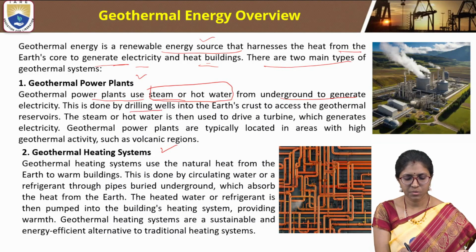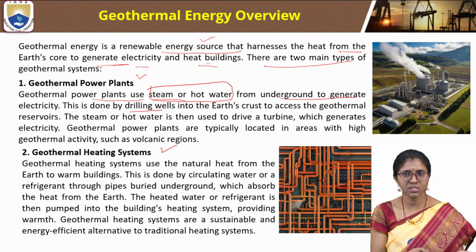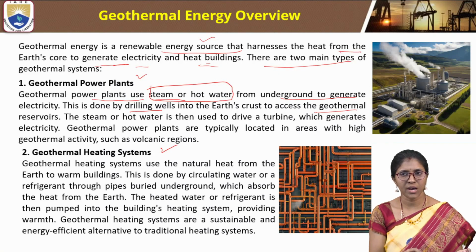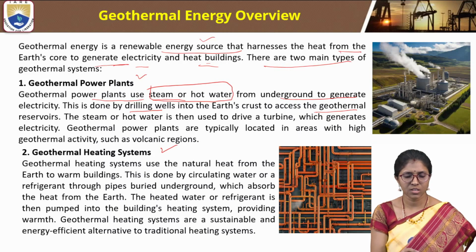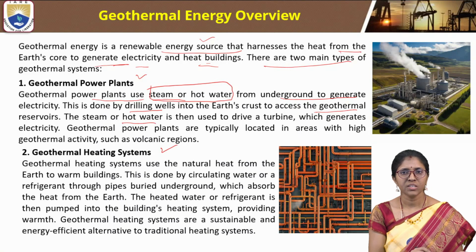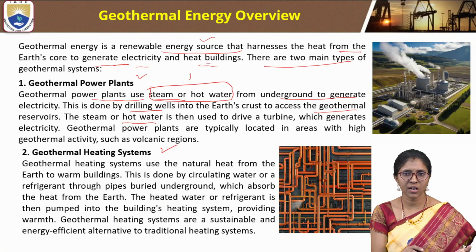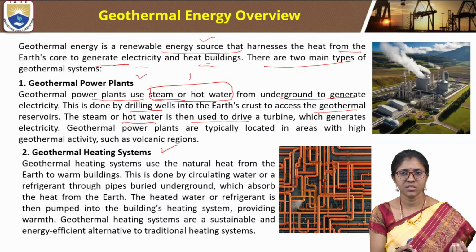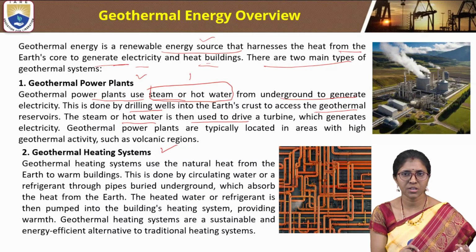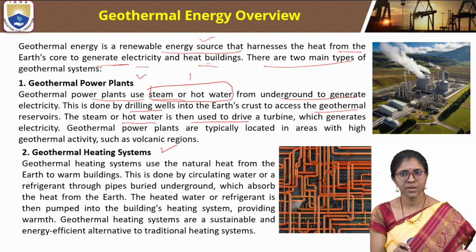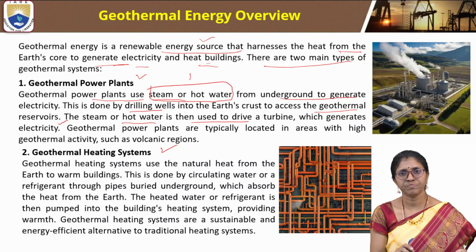This is done by drilling wells into the earth's crust to access the geothermal reservoirs. The steam or hot water coming out from the geothermal reservoir is then used to drive the turbine, which generates the electricity.